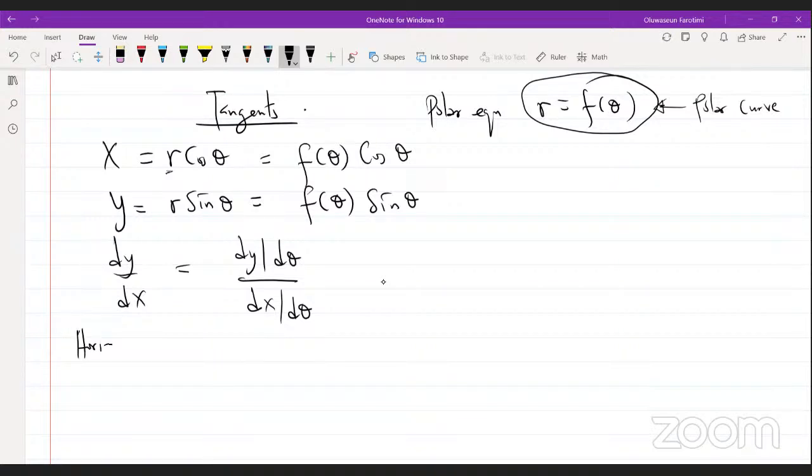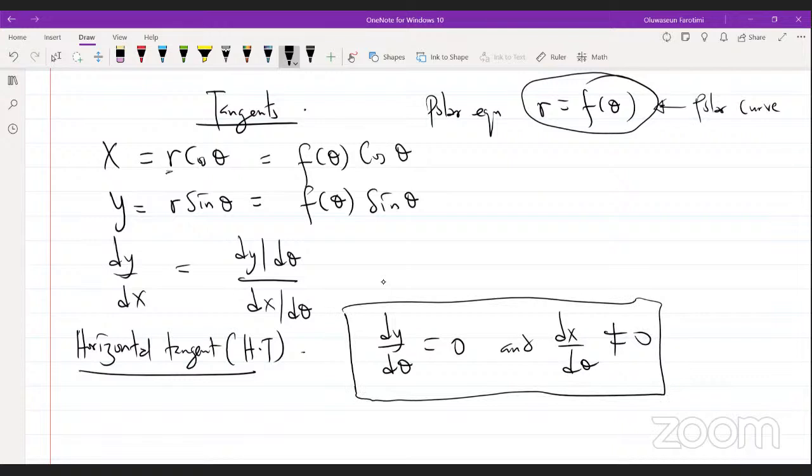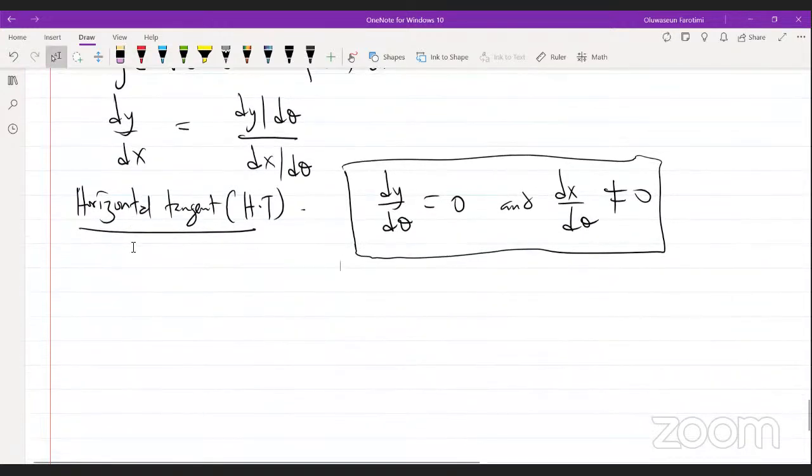Now, what is the horizontal tangent, guys? I hope you remember this from 10.2. We call it HT, horizontal tangent. By definition, you set this guy to be 0, and this guy has to be different from 0. We studied this already, so I don't want to go back to explain this. You can see the previous video.